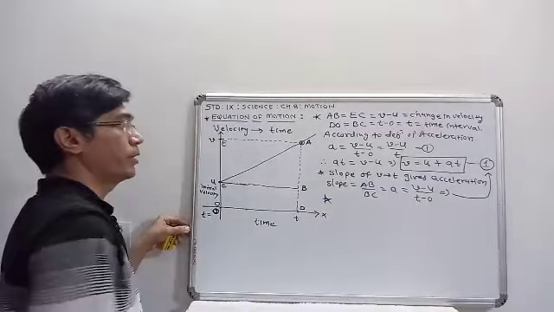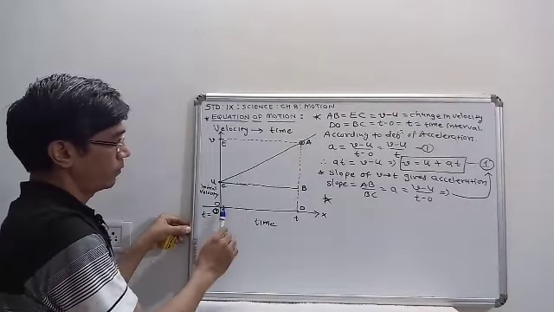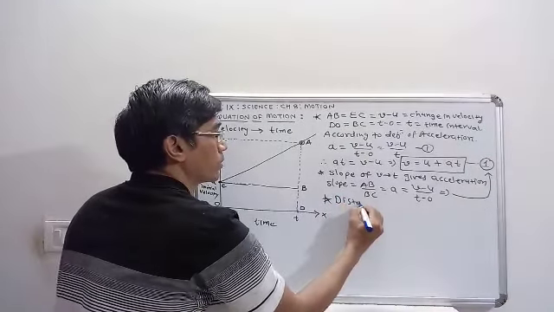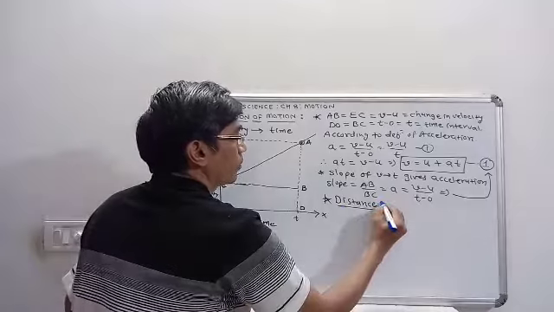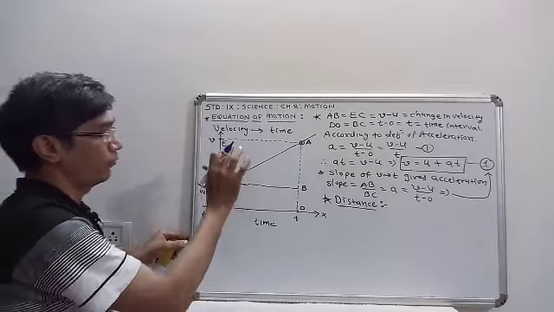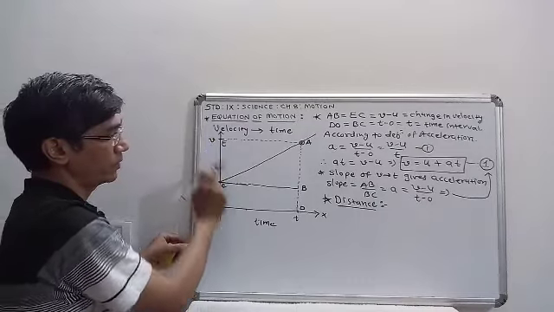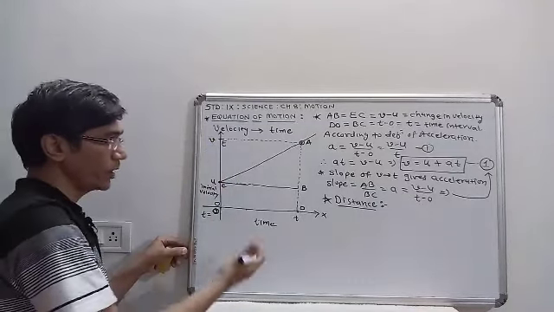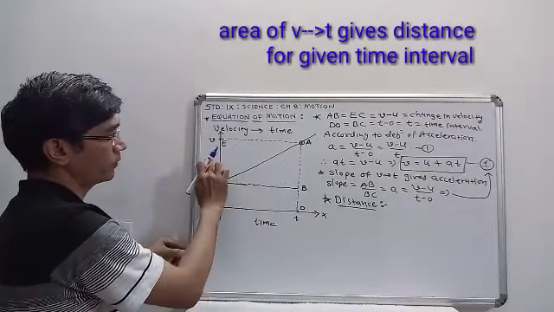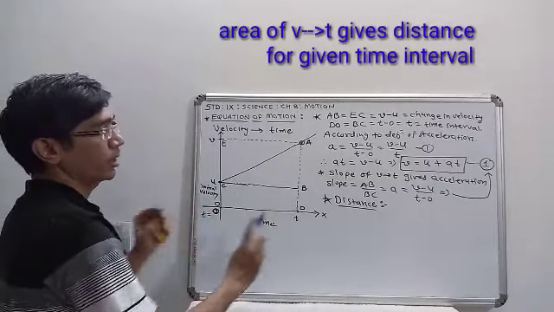Now second, we take the distance covered by the object in the time interval t. How can we find the distance from the v versus t graph? If we calculate the total area covered by the v versus t graph, then we get the distance, because the area in the v versus t graph gives the distance covered by the object in the given time interval.